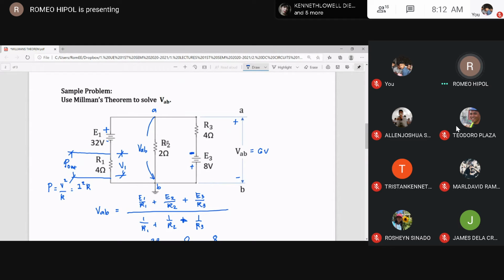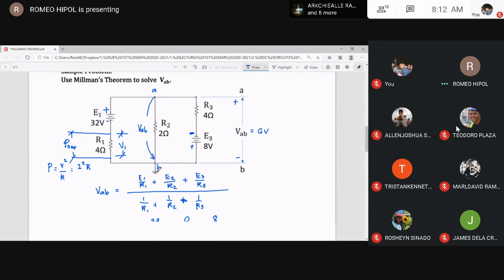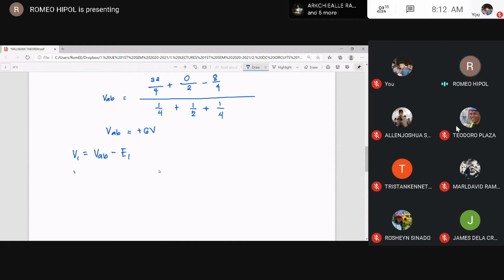Meaning, the voltage across R2 is the same as the terminal voltage AB. Right? Because if you notice, they are parallel connected at the same terminal. So V sub 2 is equivalent to the terminal voltage AB. Then for V sub 3, we still get the difference.